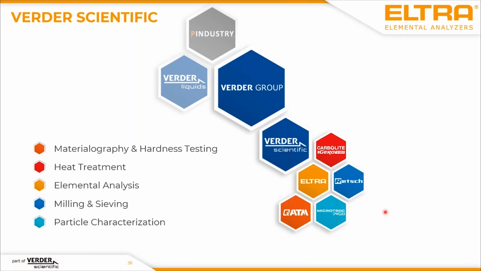Our main topic is research of solids, and our sister companies there are Carbolite Gero, Retsch, Microtrac, MRB, and QATM. And if you are interested in materialography, heat treatment, milling, sieving, particle characterization, you can also contact us and we will hand the information forward to our colleagues from those brands.